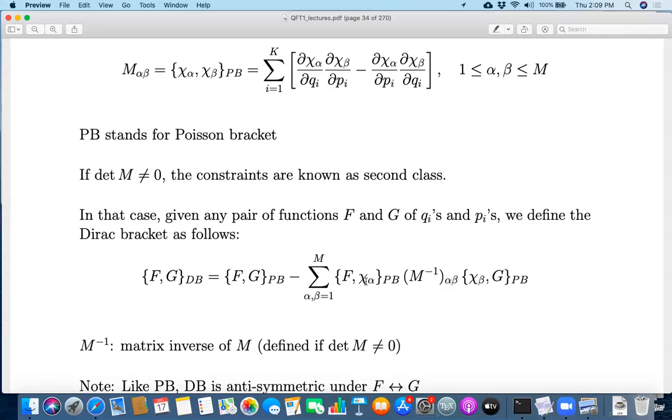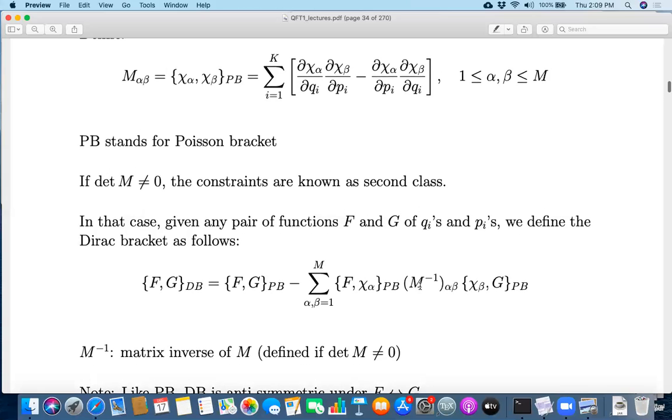Now, in our case, the constants involve either A tilde parallel or pi tilde parallel. The independent variables whose Dirac bracket you are trying to calculate involve A tilde a and pi tilde a. A tilde a and pi tilde a, of course, have vanishing Poisson bracket with A tilde parallel and pi tilde parallel.